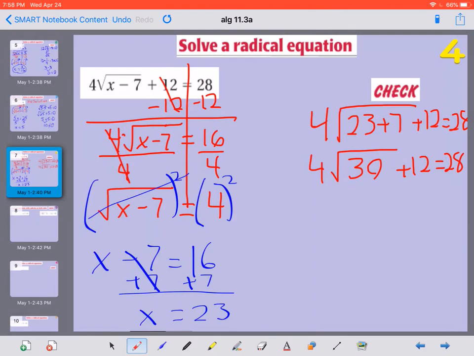So now if I do the square root of 30, now this is something I would probably want to put in my calculator. So the square root of 30 gives me about 5.5. I'm going to multiply that by 4. I'm going to add 12. So 4 times 5.5, about, now it's not exact, that gives me about 22.